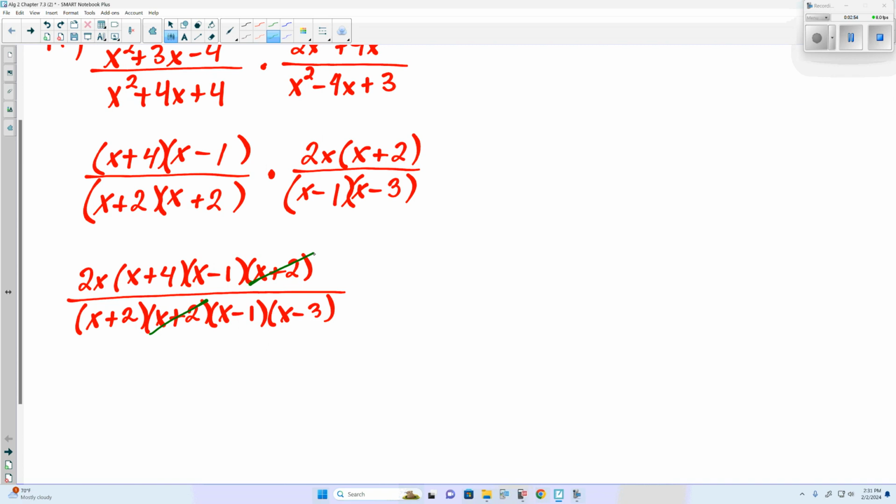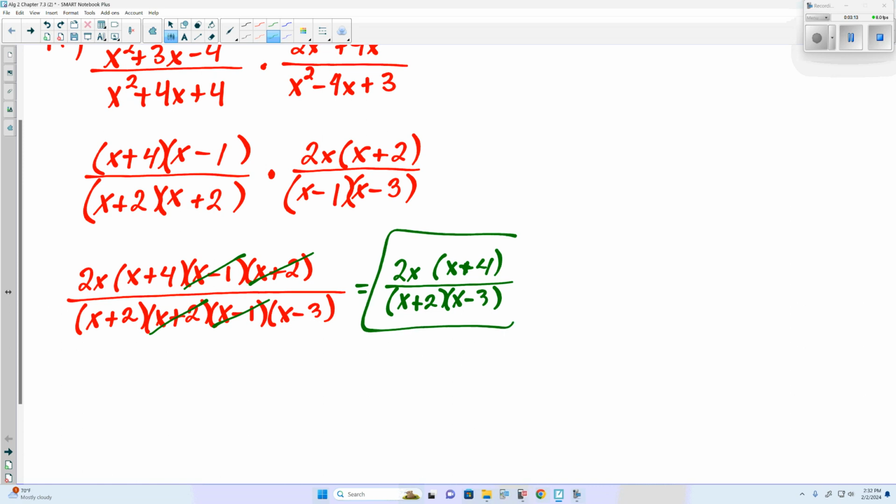So x plus 2 and x plus 2, x minus 1 and x minus 1, which leaves us with 2x times x plus 4 over x plus 2 times x minus 3. And that's our final answer.